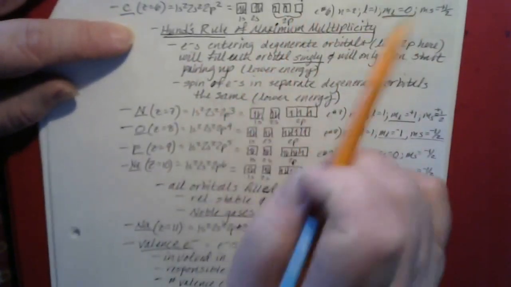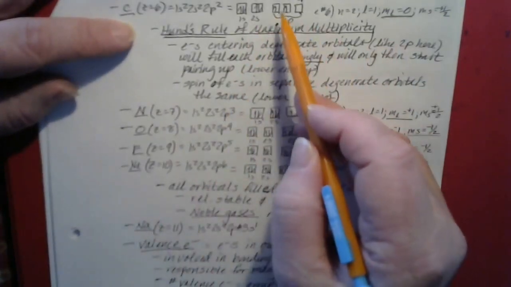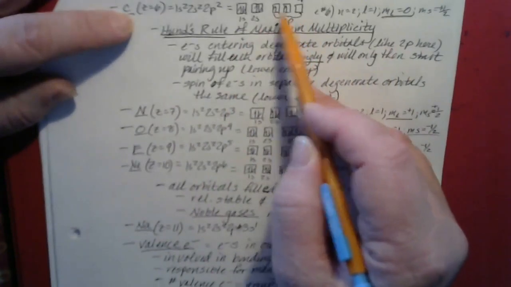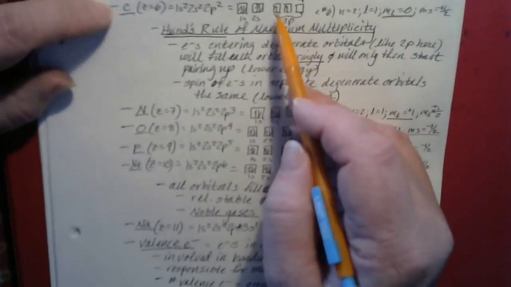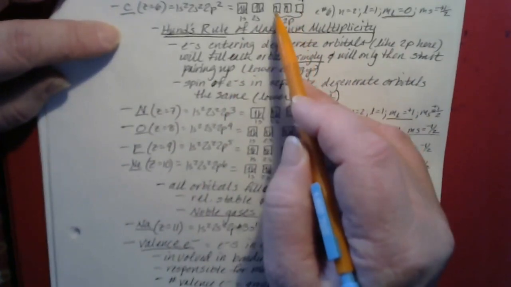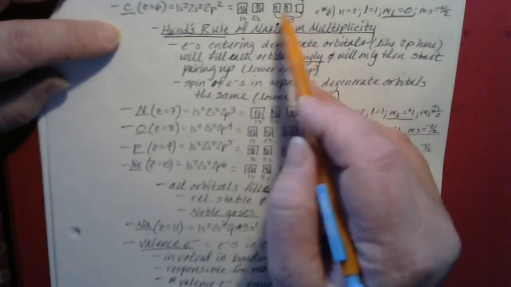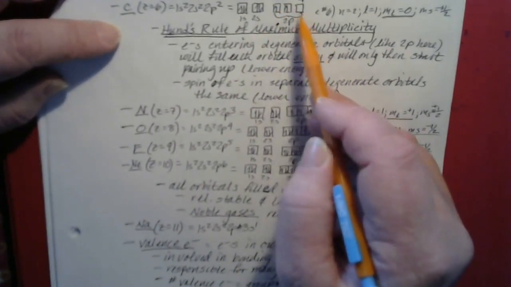And also, it's important that you save a little bit of energy. In other words, it's a little bit more stable if you have electrons in separate orbitals with the same spin. So it's far more likely that both of these electrons in the p orbitals would be both spin up or both spin down, but not one up and one down.